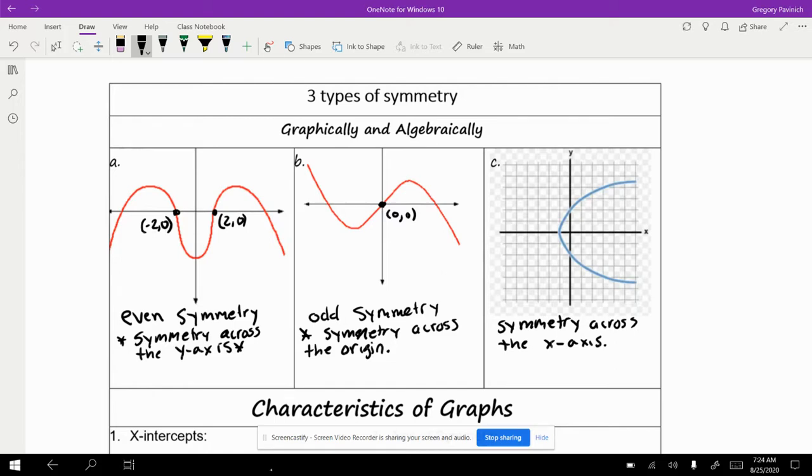So notice that it's my x values change signs. So if I have a comma b, then with symmetry across the y-axis, I'm going to have -a comma b. I mean even symmetry across the y-axis.